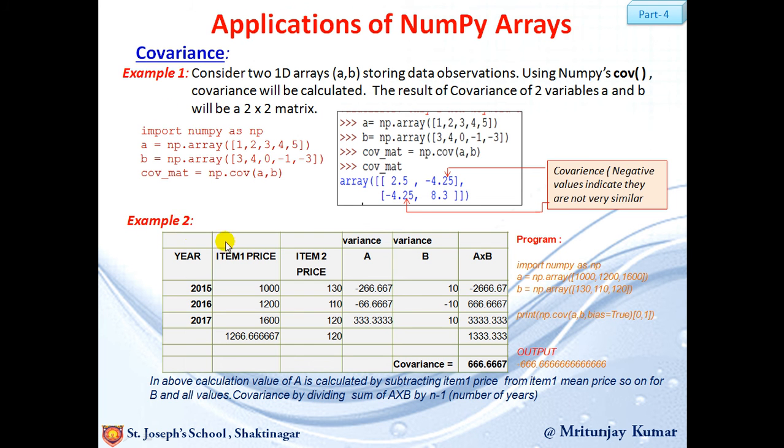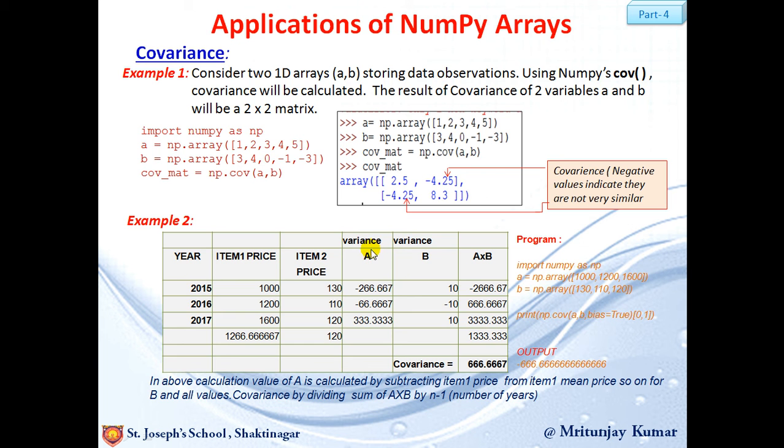In example 2, there is a price table. You can see two items, and their prices are given for different years, 2015, 2016 and 2017.